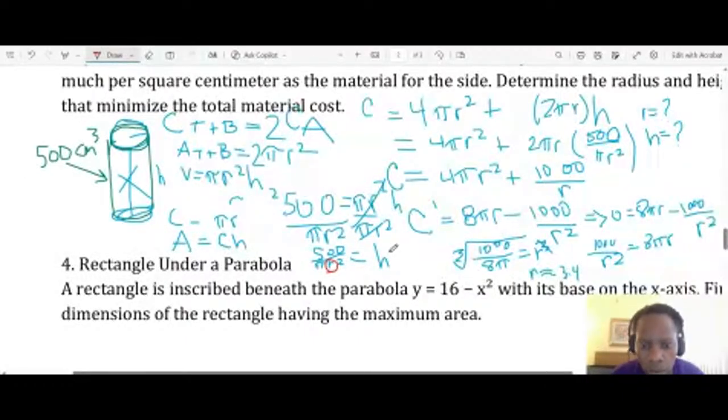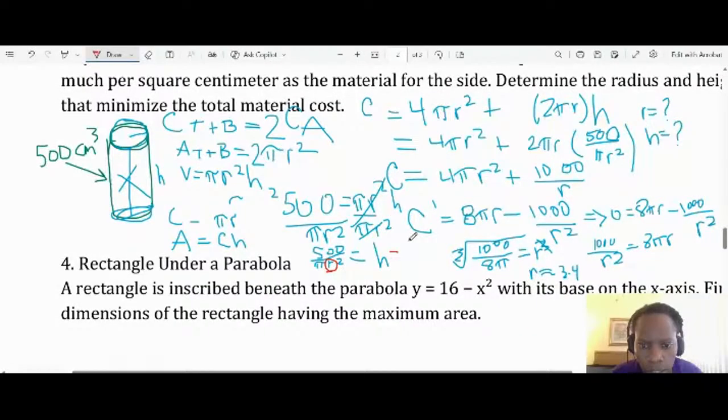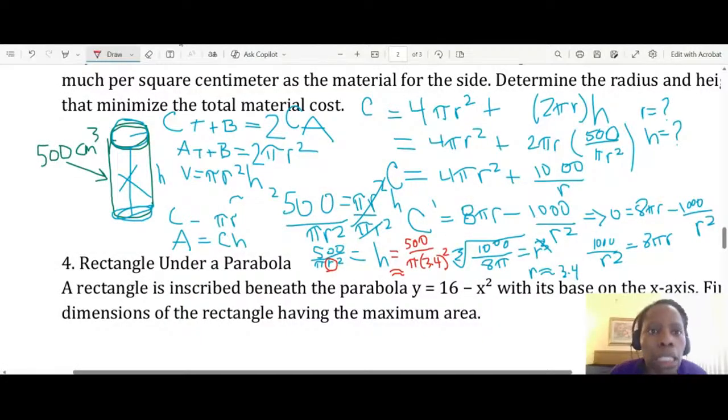Then you get H equals 500 divided by pi times 3.4 squared, which is approximately 13.7.